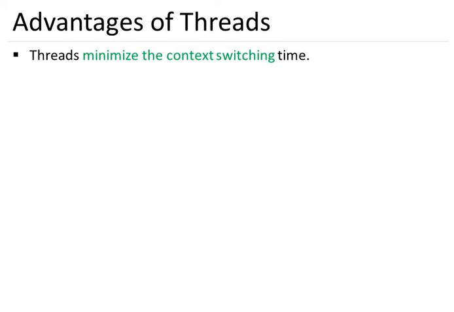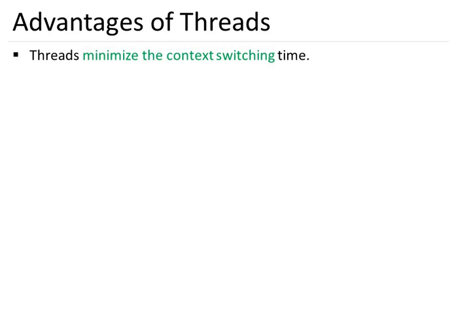Now let's see the advantages of threads. Threads minimize the context switching time. As I have said, only one thread is running at a time, and a thread can be in any state, which means there is also switching of threads within a particular process.